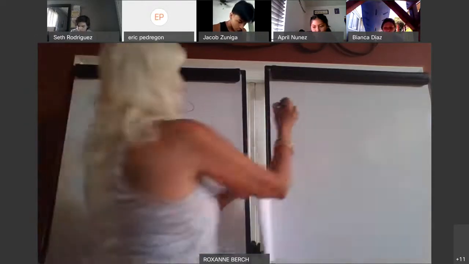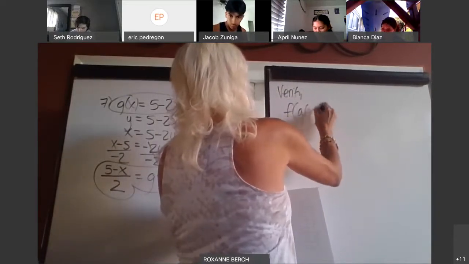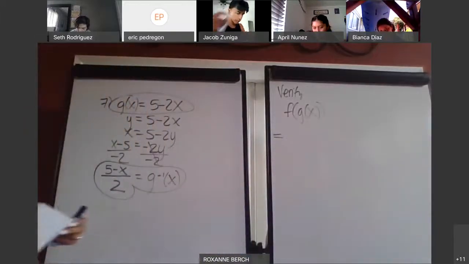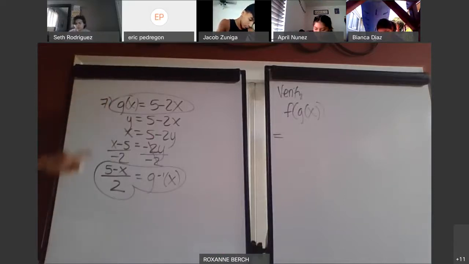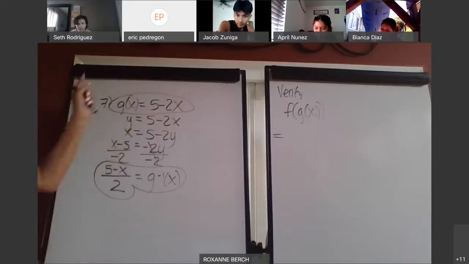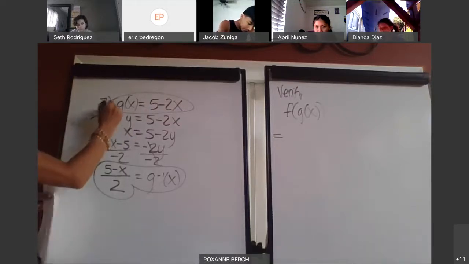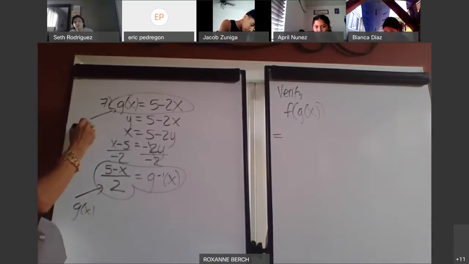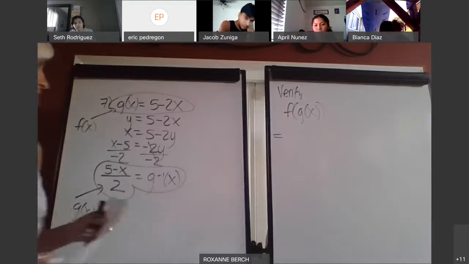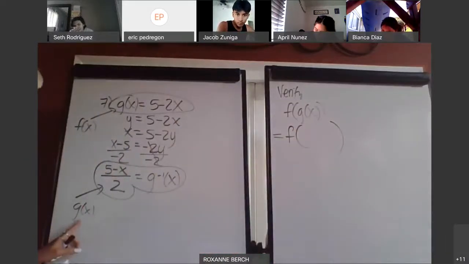So by composition, to verify, we're going to take f of g of x. Now, it doesn't matter what the letters are. The original function is this, and the inverse is that. So the original function is going to be f, and the inverse is going to be g. So that g is not this g. Okay, we're calling this guy f, and we're calling this guy g of x. So what you're going to do is bring the f function down and put in the g function. Well, this is the g function, right?